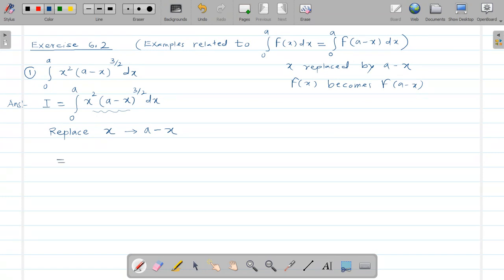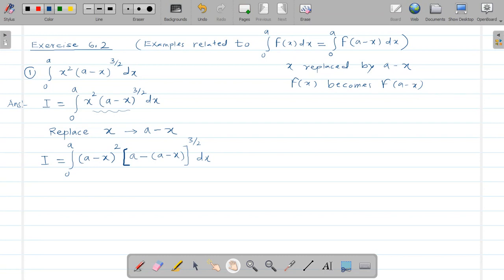That's why the given integration becomes, see here, I will replace x by a minus x. The first term is x square; in place of that I will write bracket a minus x square. Then in the bracket a minus x, I will replace x by a minus x, raised to 3 by 2 dx.